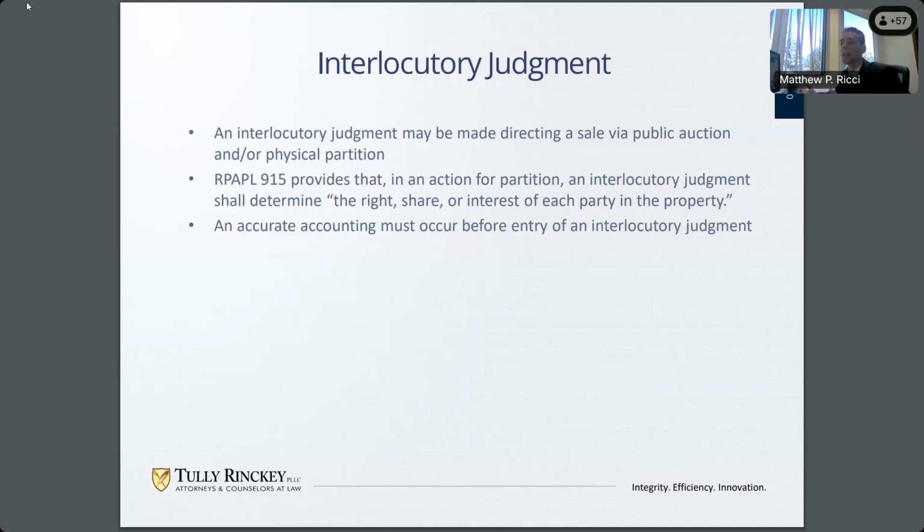an interlocutory judgment shall also determine the rights, share, or interest of each party subject to the action involving the disputed property. It's important, again, to note that there's a lot of case law out there regarding when accurate accounting must happen before an interlocutory judgment is issued. Essentially, an accurate accounting of income and expenses must occur before entry of an interlocutory judgment.